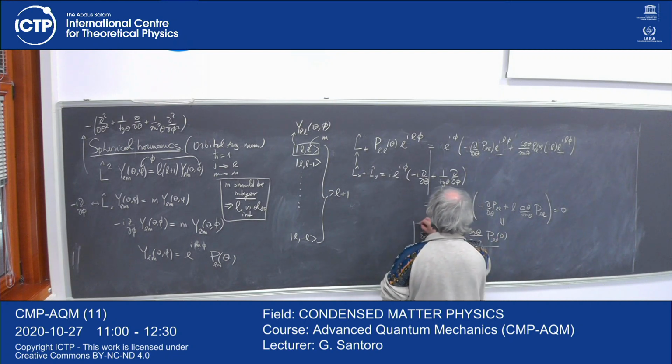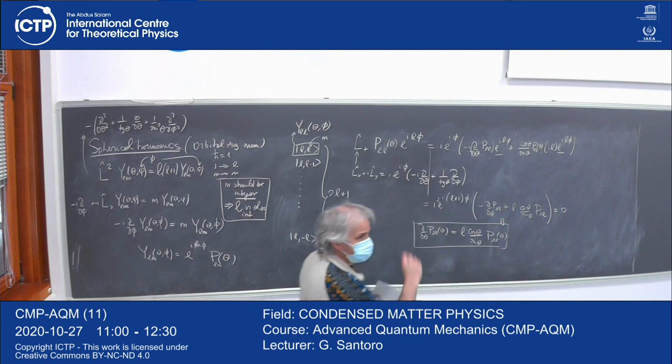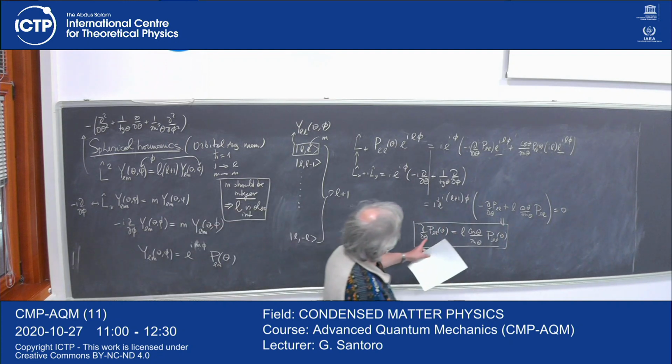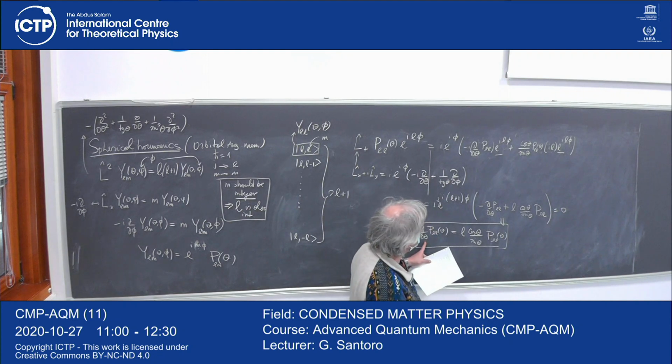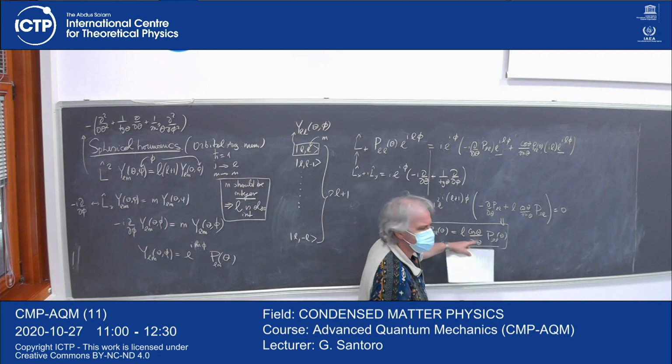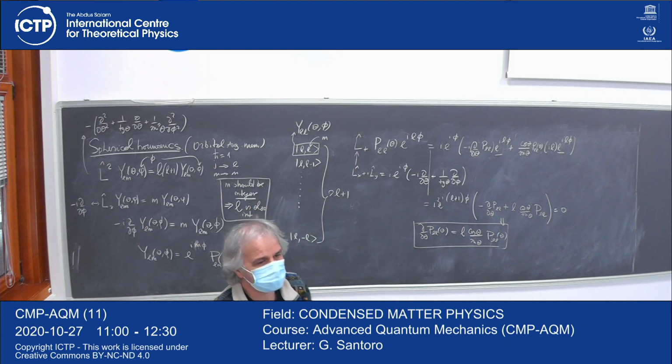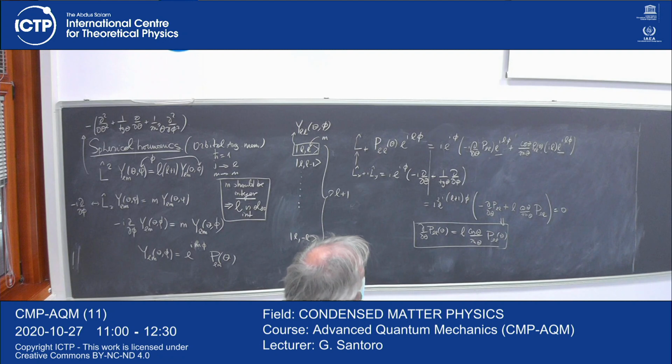If this is satisfied, this is 0. Good. What is a function whose derivative is this funny object here? Now, it's not a differential equation that you encounter every day, but still, it can be solved.